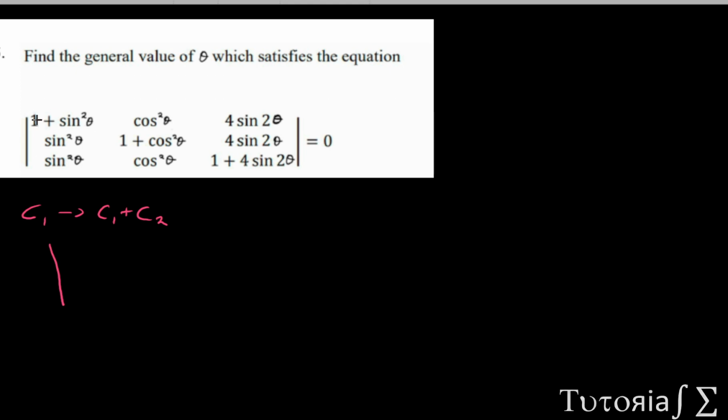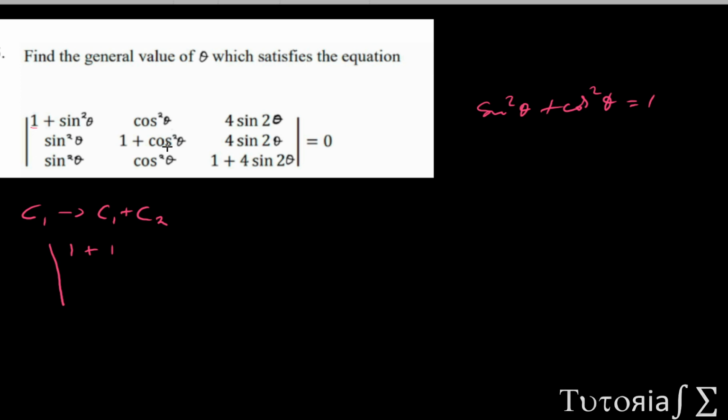So we're saying 1 plus sine squared theta plus cos squared theta will be 1 plus 1, because sine squared theta plus cos squared theta is equal to 1. The same applies here: sine squared theta plus 1 plus cos squared theta.